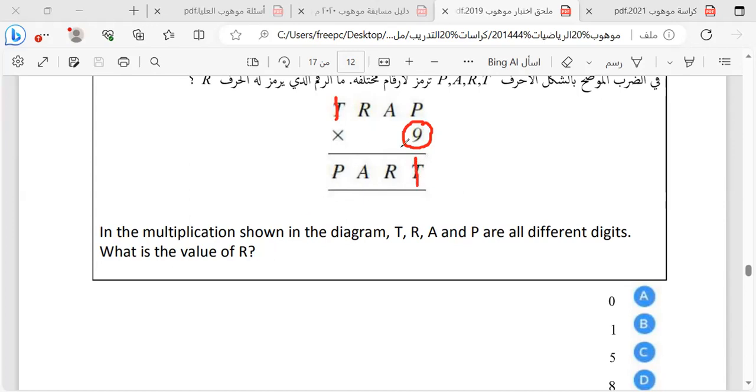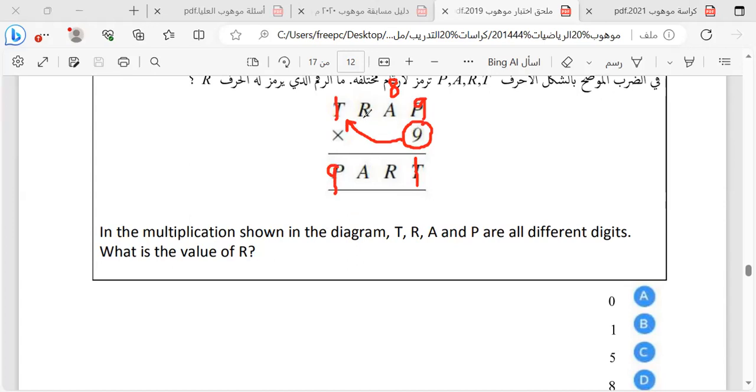Right? Also, I didn't understand. Can you repeat? Yes, yes. Here we substitute. 9 times 1 is 9. Put P be 9, here 9. Right? 9 times 9 is 81. Put here 8.